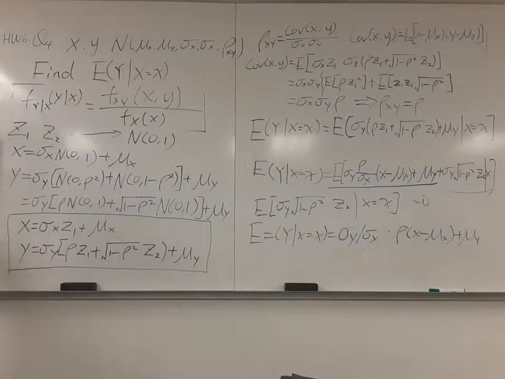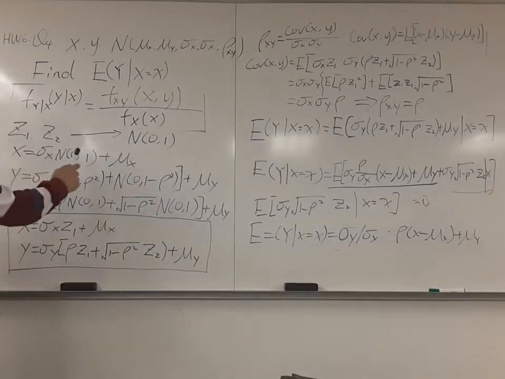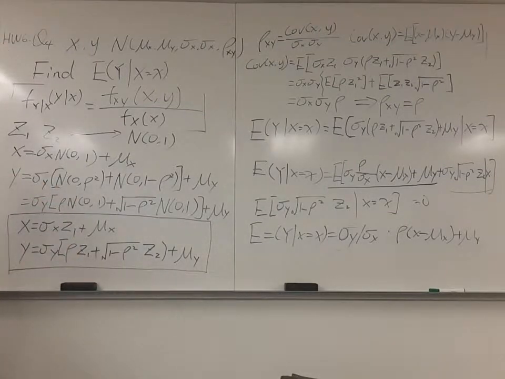First, I will introduce a new way to write X and Y in another form. We will introduce two normal random variables, Z1 and Z2. Their means are 0 and their variances are 1.